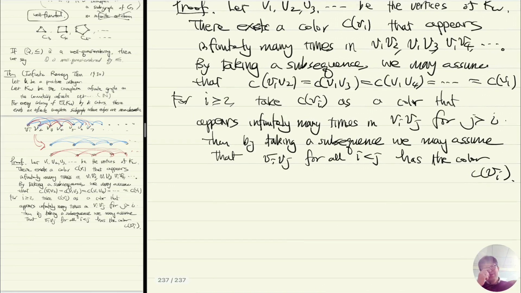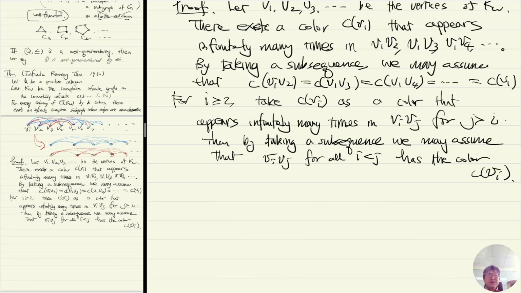So starting from 2, we look at v2 v3, v2 v4, v2 v5, etc. And among all these colors, all these edges, at least one color appears infinitely many times.